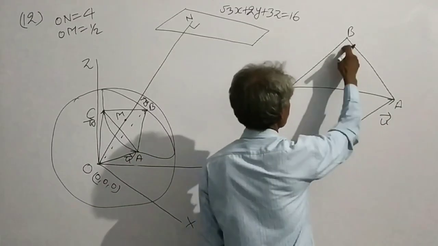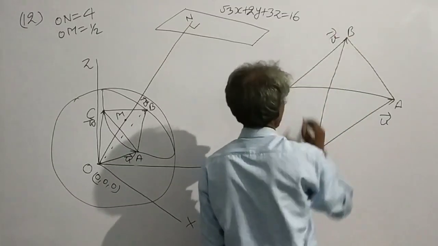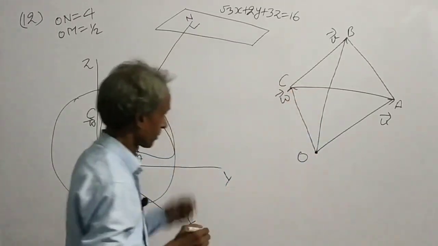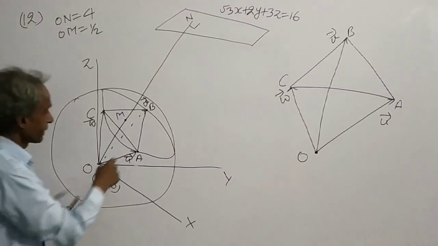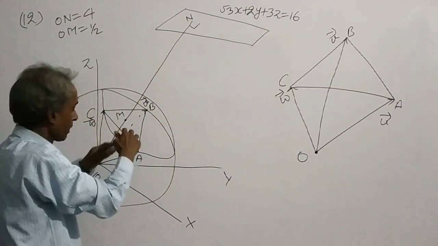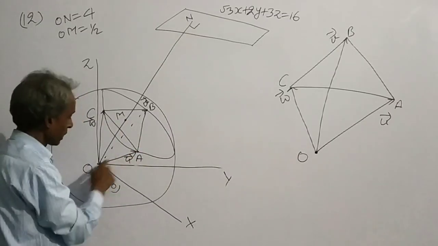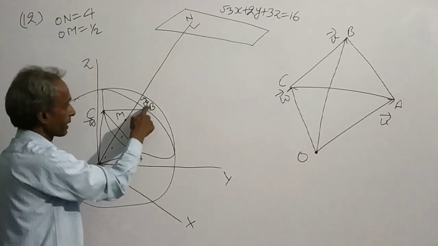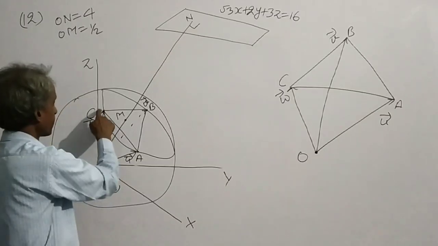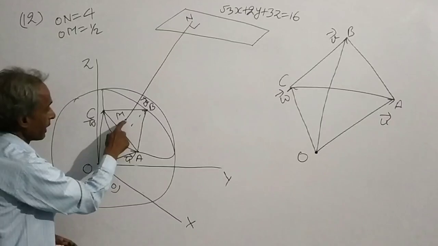Position vectors of these points are U, V, W. Since A, B, C are on the surface of this sphere, A is at a distance of 1 unit from the origin. Similarly, B is at a distance of 1 unit from the origin, and C is at a distance of 1 unit from the origin.